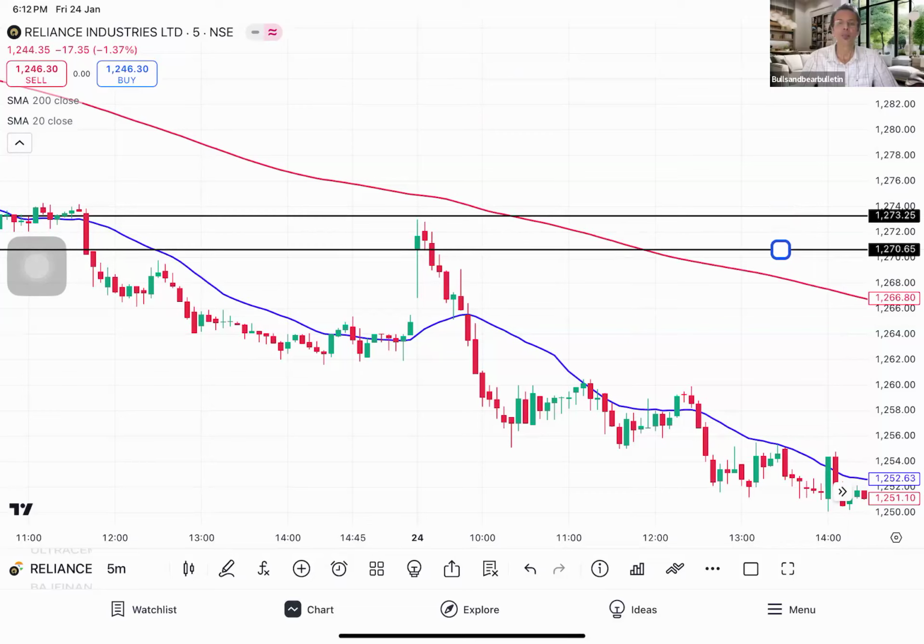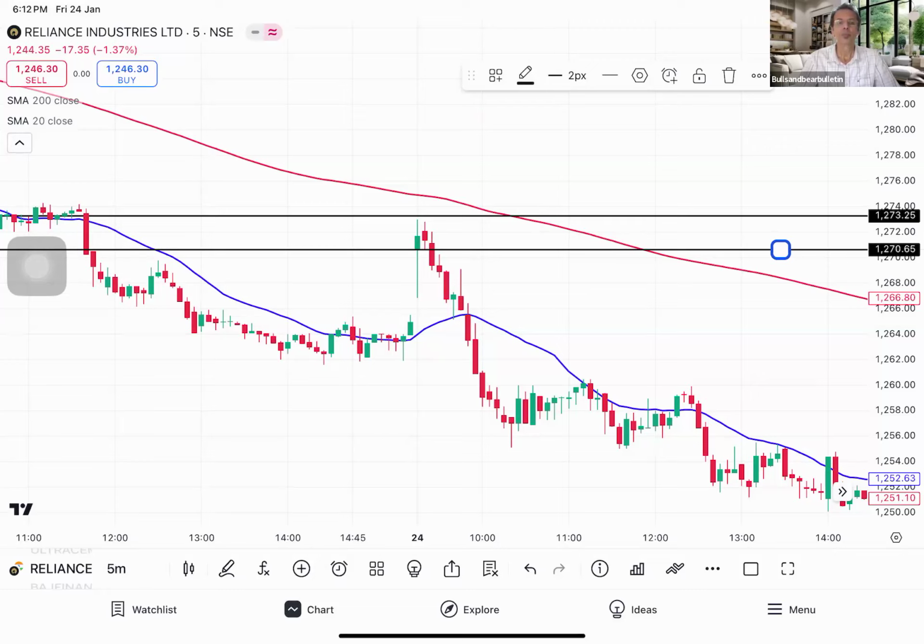My concept is this: since the whole structure of Reliance is in a downtrend, I am always on the lookout for a short trade, not a long trade. So I wait for a small green candle to form, and when that green candle is completely overshadowed by the red candle, that is a confirmation.